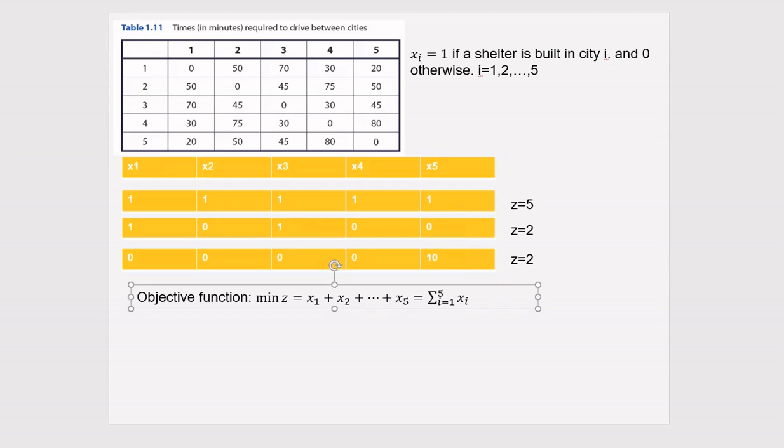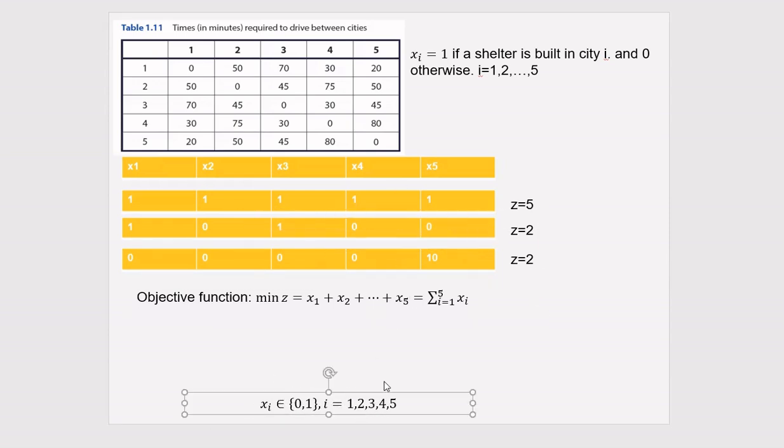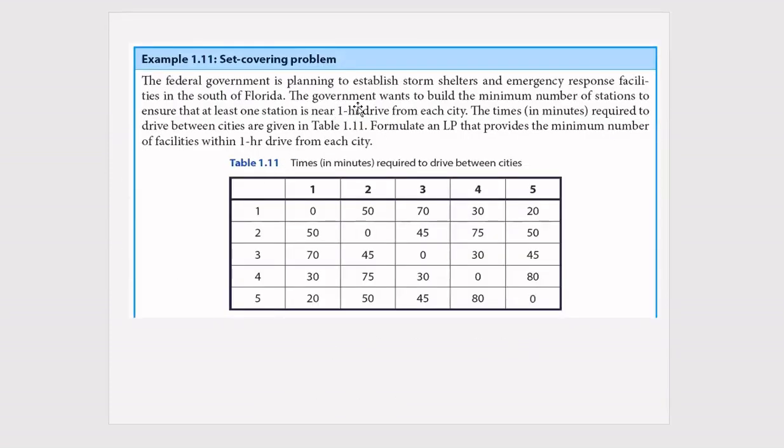But I'll add this constraint down here that ensures your x1 through x5 are either 0 or 1. Then the computer says, okay, fine, make all of them 0, your objective function becomes 0, and there is nothing less than that. But we know that's not a good solution because we have a constraint here that says the government wants to build a minimum number of stations to ensure that at least one station is within a 1 hour drive from each city.